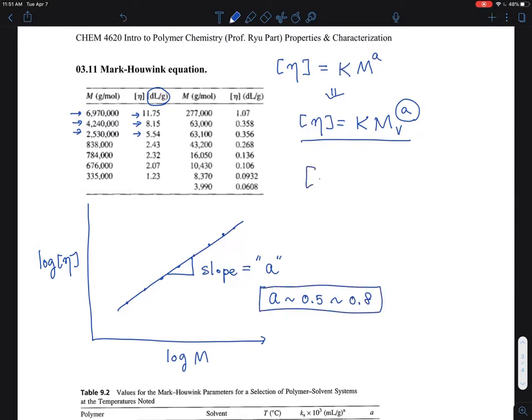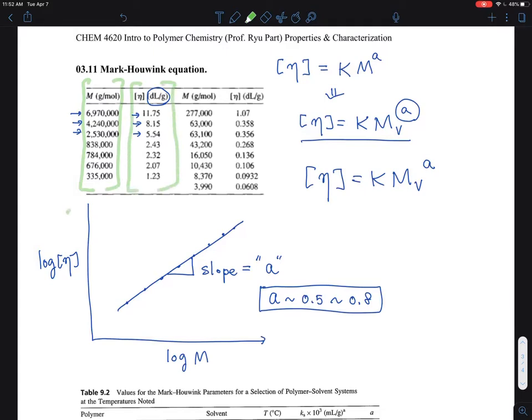And that was somebody's work. You can think of it as a practice that people have done before. Somebody actually made polymers with well-defined molecular weight, and measured the intrinsic viscosity.